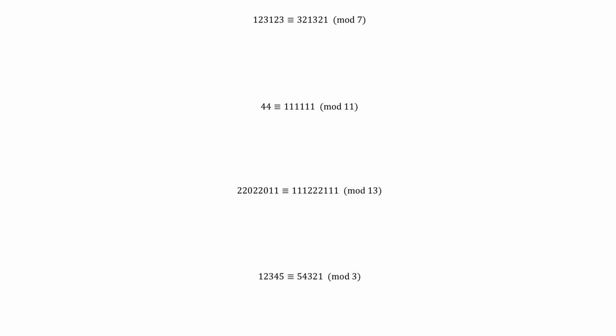So here we have some bigger numbers to deal with. Remember, for mod 7, 11, and 13, when you're dividing by 7, 11, and 13, we can break the digits up into groups of 3.